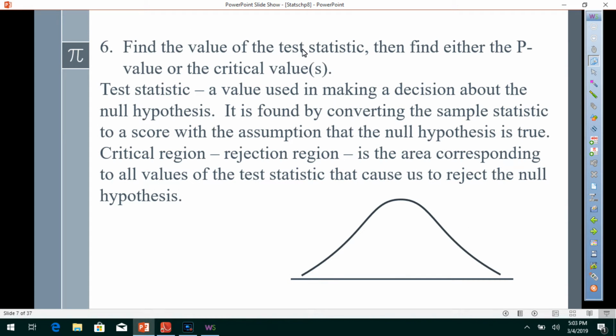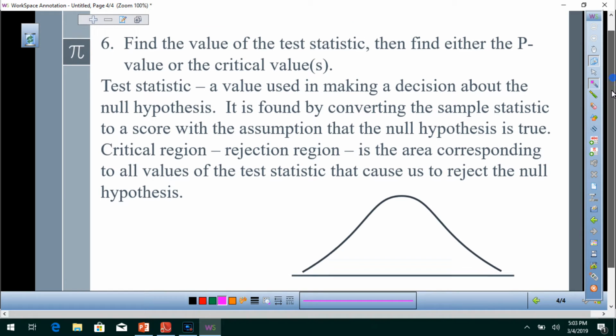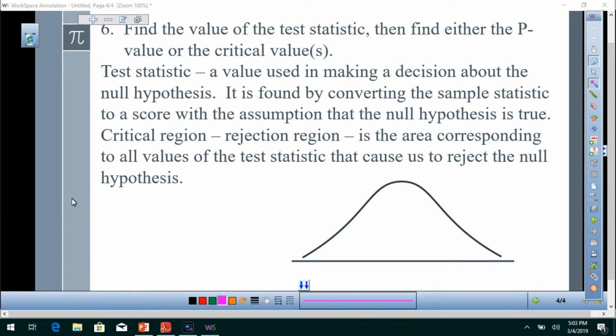Find the value of the test statistic, then find either the p-value or the critical values. So we are going to find the value of the test statistic. That formula was z equals p hat minus p over the square root of p times q divided by n.